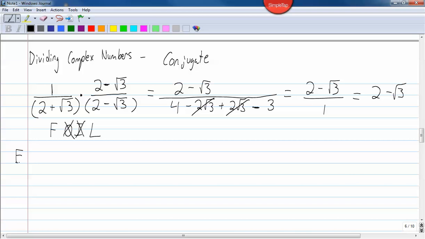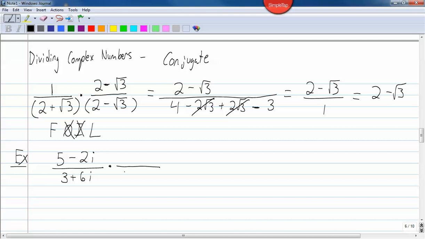For example, let's say that I wanted to divide 5 minus 2i by 3 plus 6i. The way I'm going to get rid of the i in the denominator is to multiply the numerator and denominator times the conjugate of the denominator.